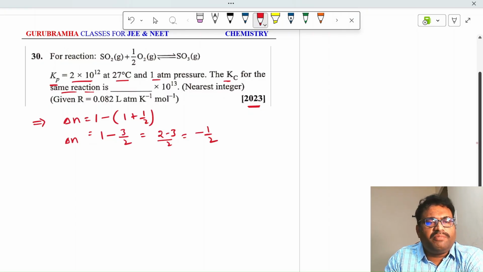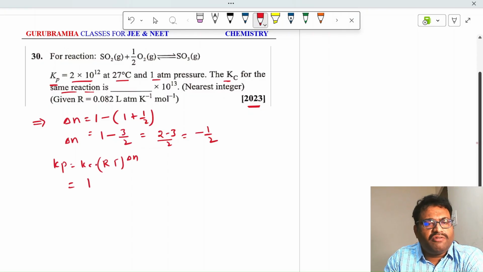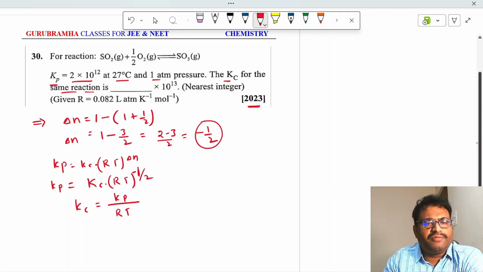Then we know that Kp is equal to Kc into RT power delta n. What is asked is Kc, so Kc is equal to Kp by RT power minus 1 by 2.